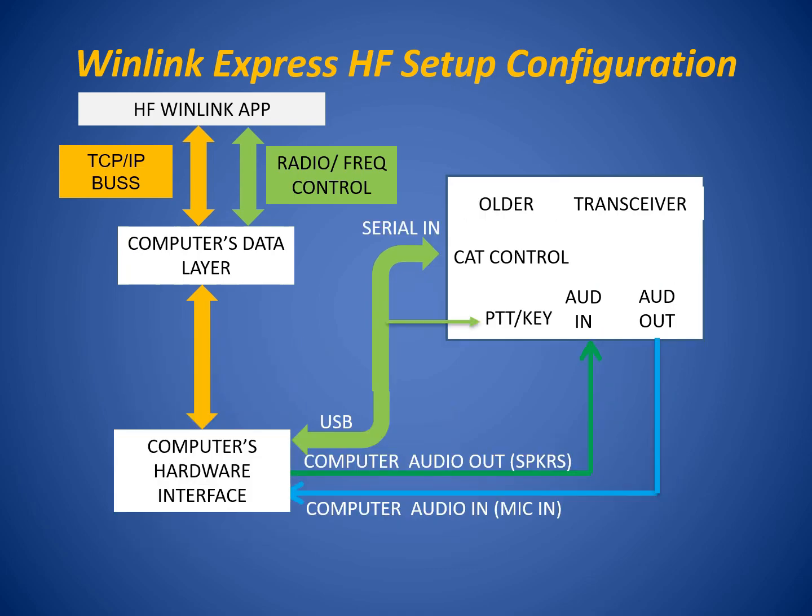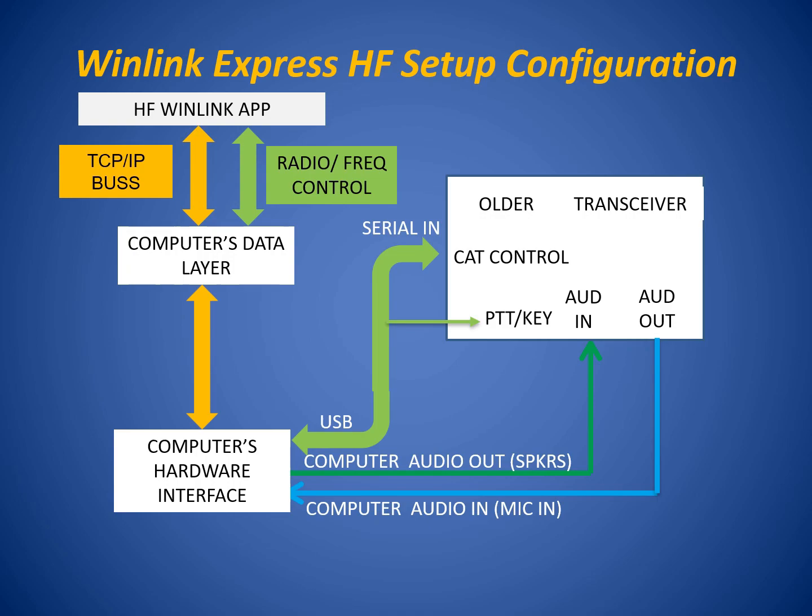On the older transceivers, you can establish CAT control through a serial port in the back of the radio, and the Winlink application does essentially the same thing, except instead of sending it out to the CAT control and audio interface via USB, there is no audio interface in the transceiver, so it uses the computer's speakers and mic.